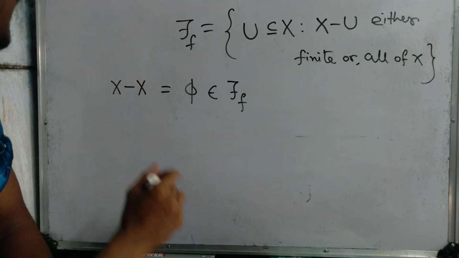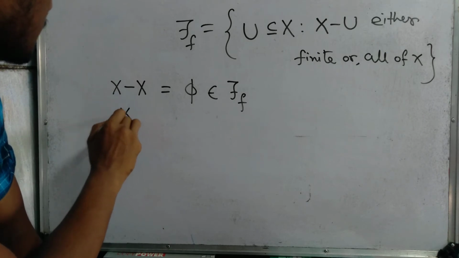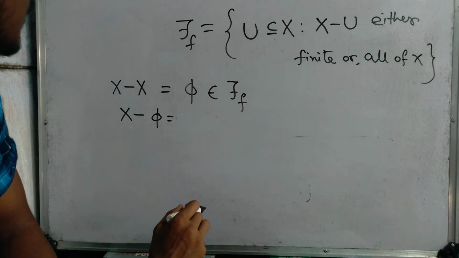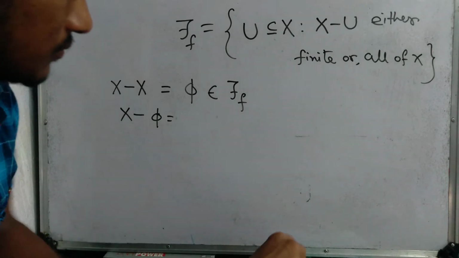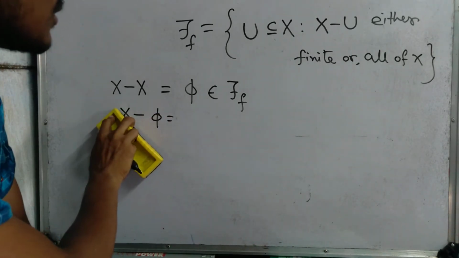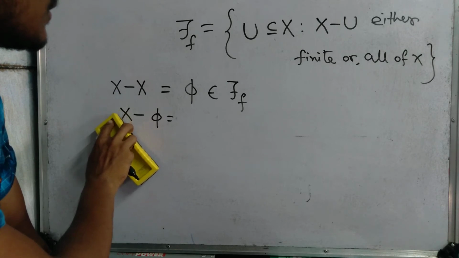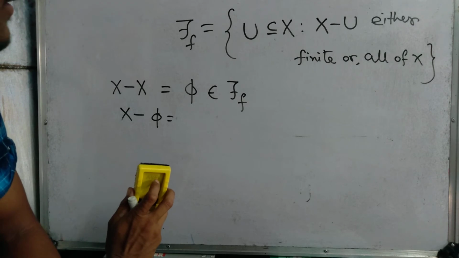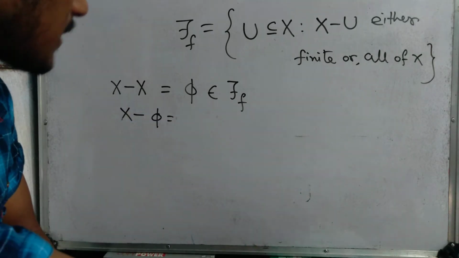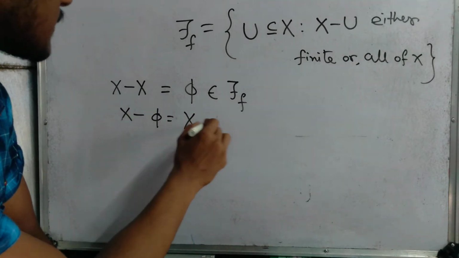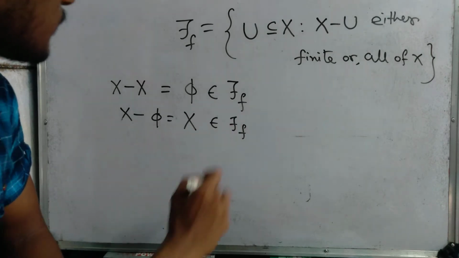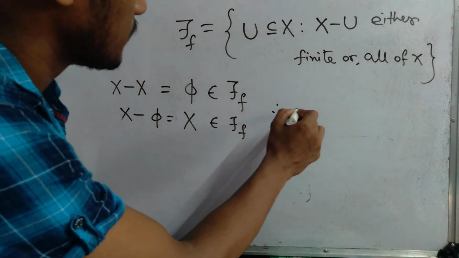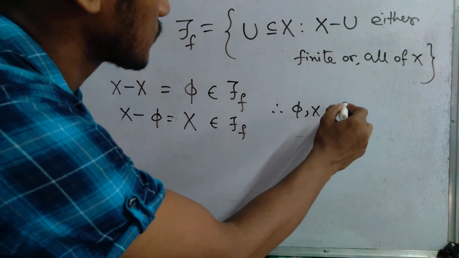And obviously X difference phi is all of X, which is either finite or all of X. That means X difference phi is X, which belongs to tau f. So we find phi and X belong to tau f.